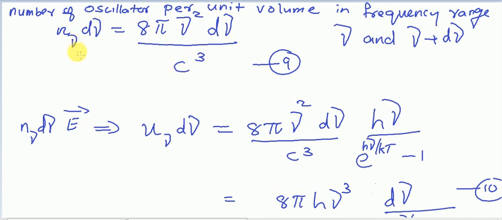When you multiply the number of oscillators with the average energy of one oscillator, we obtain the energy density in a frequency range ν and ν plus dν, that is u(ν)dν.